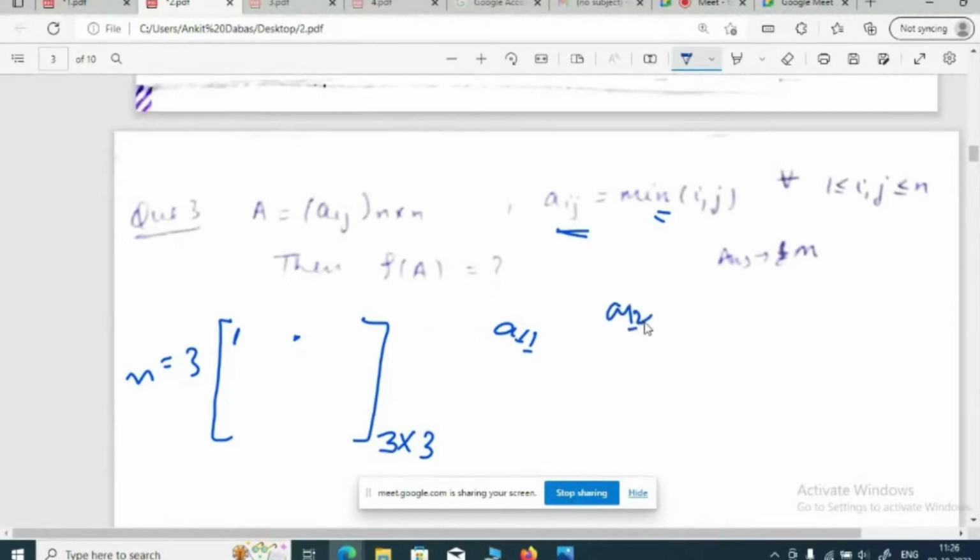The minimum of 1 and 2 is 1, so this will again be 1. For this entry, we have A21, so the minimum is equal to 1. Here we will get 2, 2, 1, 2, 3. This will be the matrix that we will get.